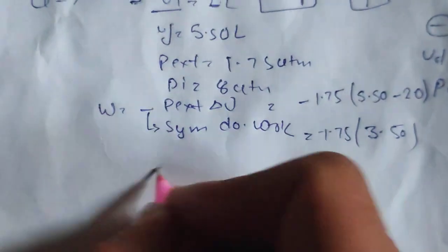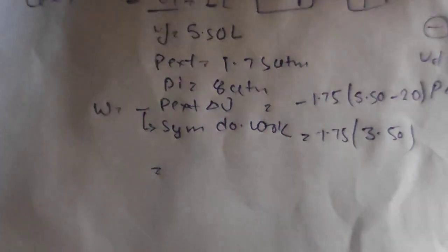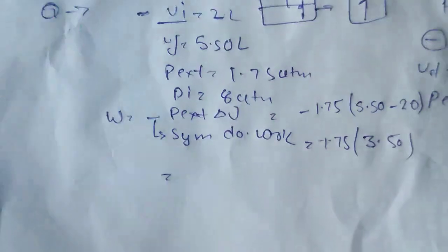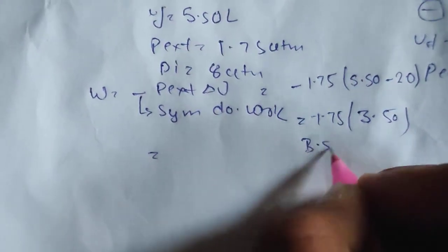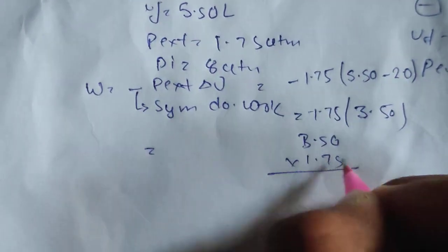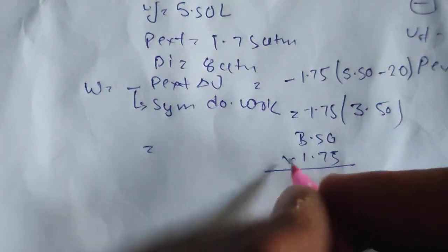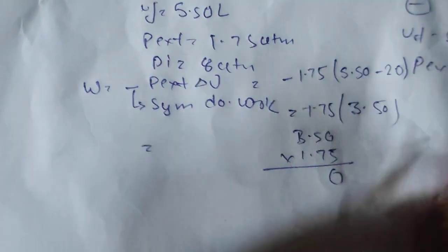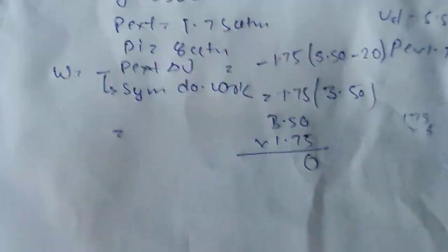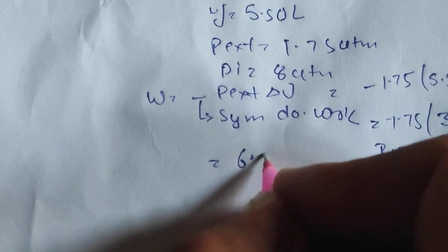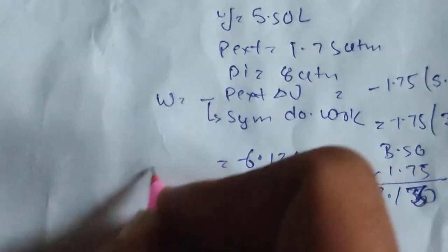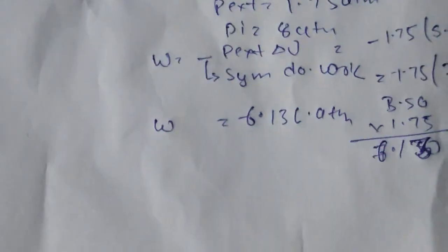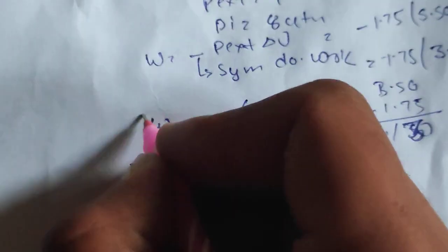Let's multiply this, 1.75 into 3.5. I did the calculation, and it comes to 6.13 liter atm. It is the work done by the system. So this is our answer.